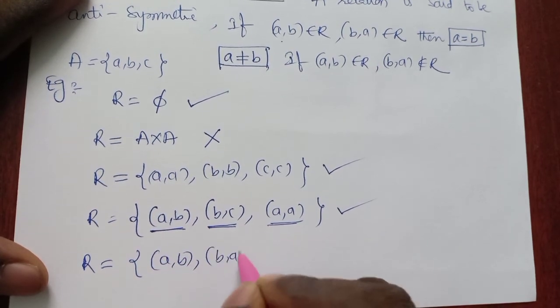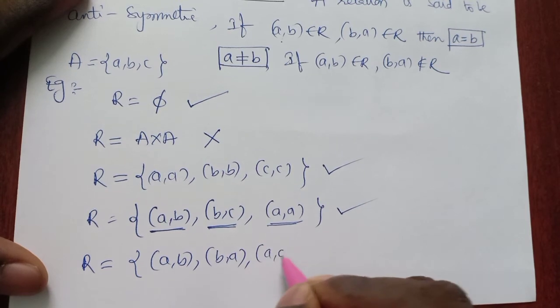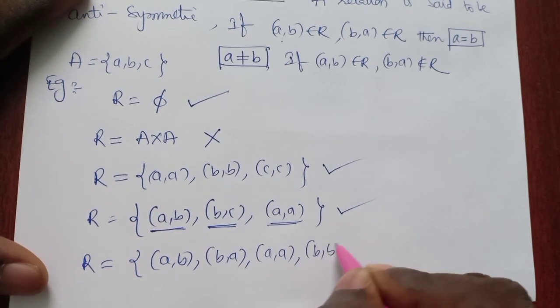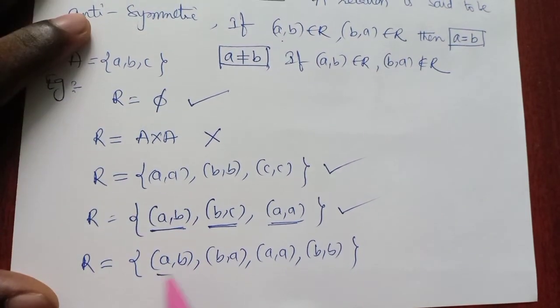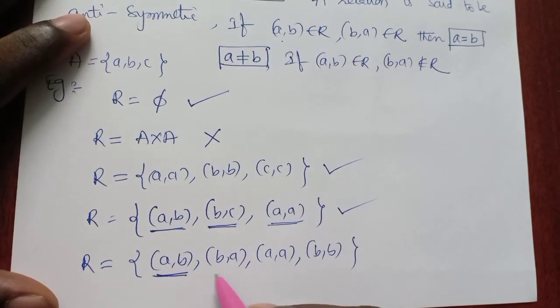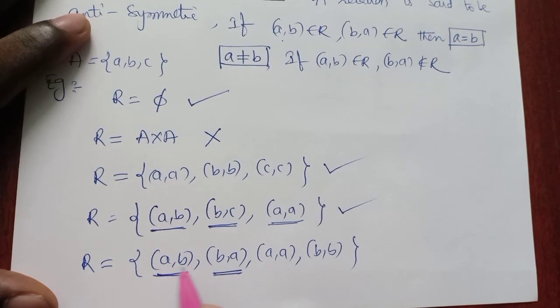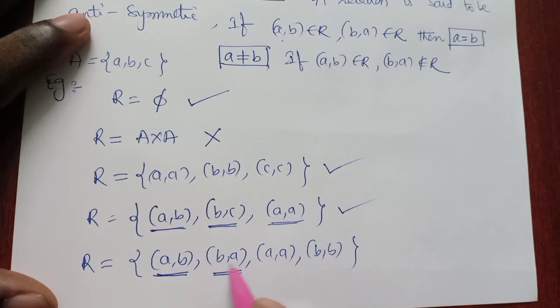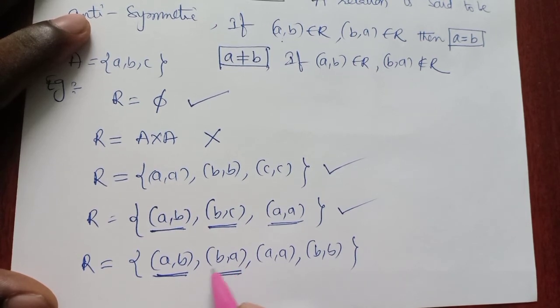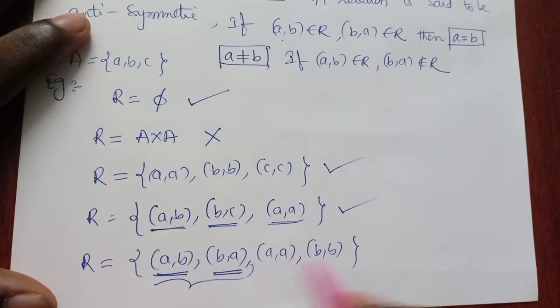Now, (A, B), (B, A), (A, A) and (B, B). Clearly here we have (A, B) and (B, A). If (A, B) is present in this relation, then (B, A) must not be present. But here (B, A) is present, so it is not said to be an antisymmetric relation.